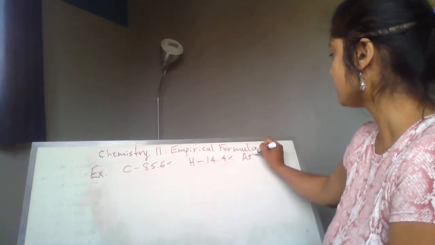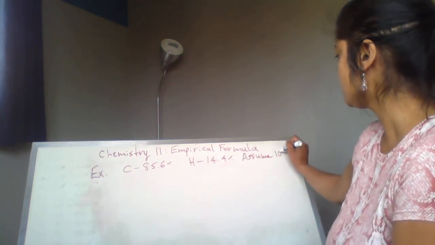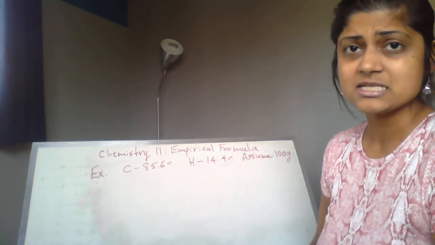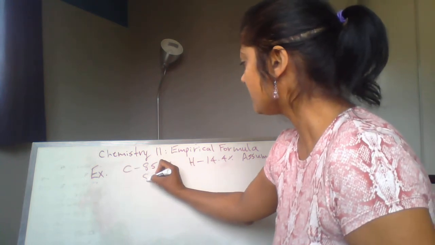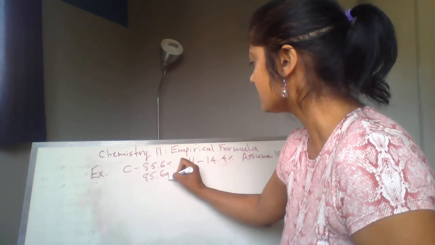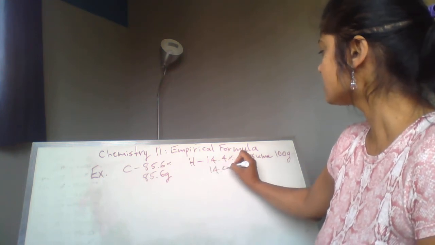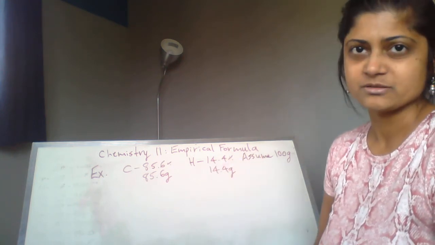So let's assume 100 grams, which means I have 85.6 grams of carbon and 14.4 grams of hydrogen.